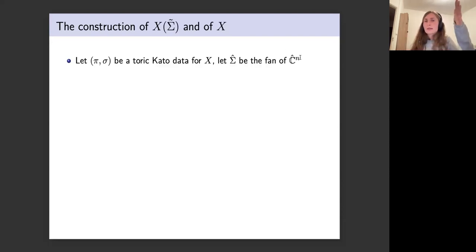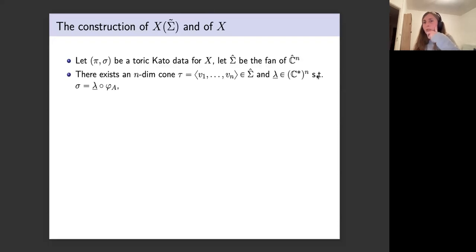And then you can translate all different kinds of geometrical information of your toric variety into the combinatorics of the fan. So in any case, from a fan you can construct a toric variety, and conversely, from any toric variety you can associate to it a fan. So in particular, this Cn has its associated fan. You will see in a bit some examples of fans, not too many.